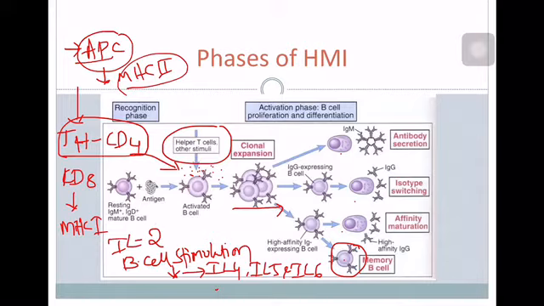With T cell independent antigens, without the involvement of T cells, the immune response is produced by B cells binding directly to the antigen and getting activated. The activated B cell undergoes clonal proliferation and differentiation that leads to the production of effector B cells and memory cells.